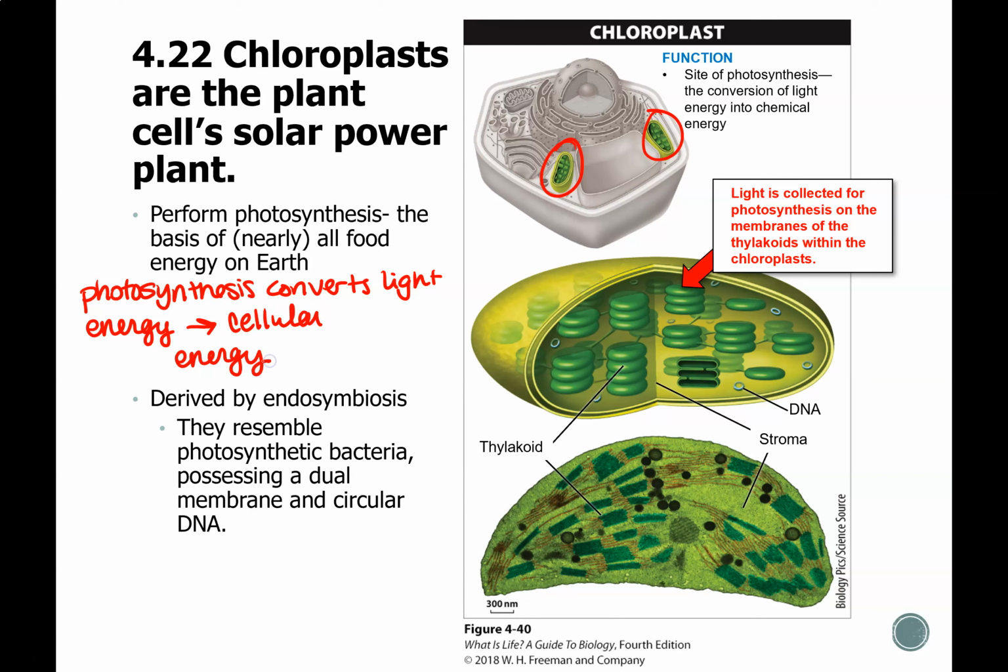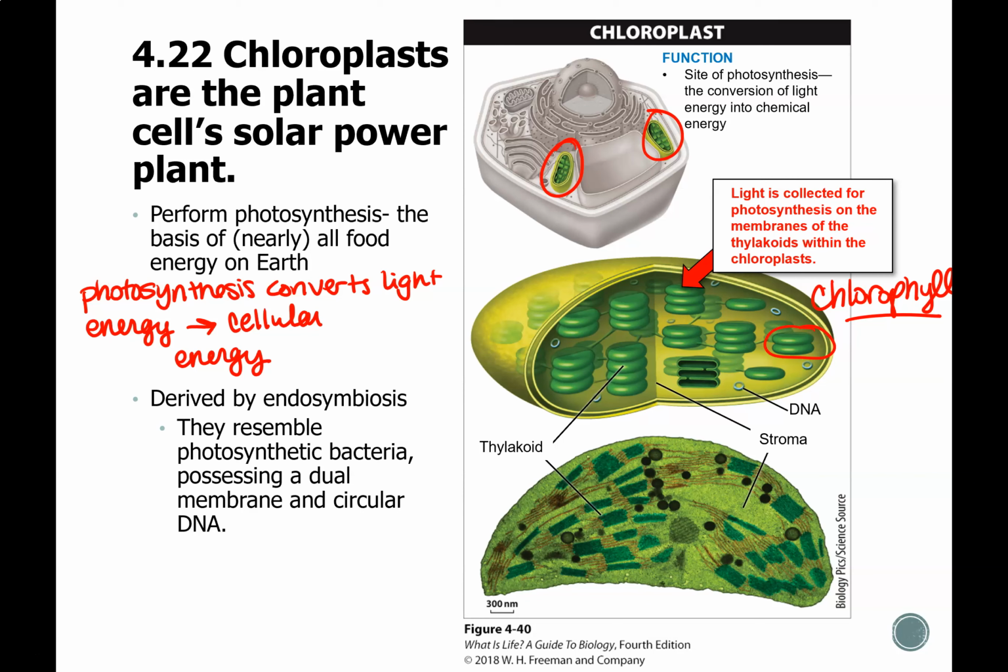Because light energy, while there's a lot of energy in it, is completely unusable for most cells, but it actually can be converted into and stored in the bonds in sugar molecules so that the plant can actually use them. The reason that they are green is that chlorophyll, which is the main molecule within the chloroplast, actually reflects green light. So that's why we see plants as green, because they have a lot of chlorophyll.